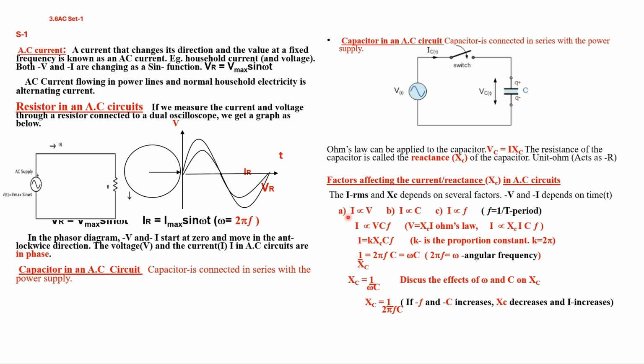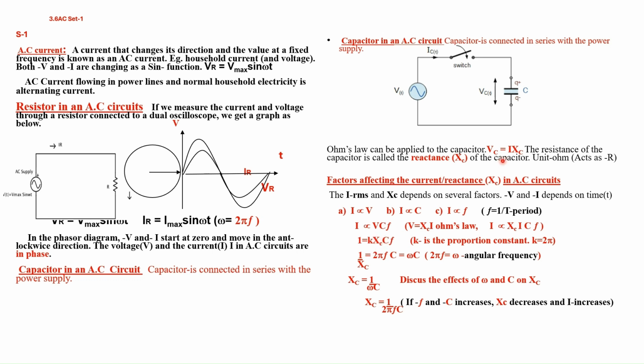Now we are going to rearrange this. We combine all these things. Therefore, I is proportional to V, C, and F. Bring them all together. Now we are going to substitute for V. Ohm's law, we apply that. V equals I XC. Therefore, instead of V, we can write I XC.